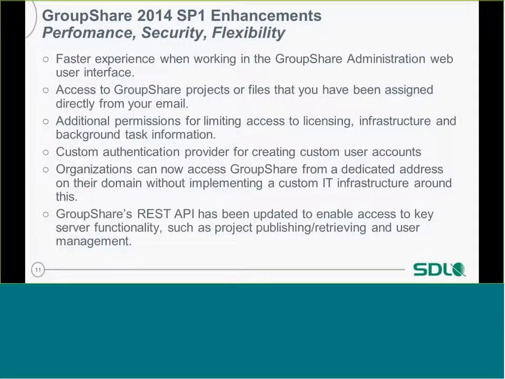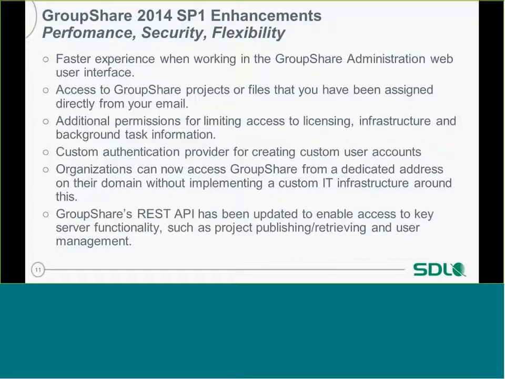A better way to pick up a project directly from your email. Increased capabilities to limit permissions in terms of licensing, infrastructure, and background. A different way of authenticating providers, so you can also use the Microsoft domain provider of your own company, for example.